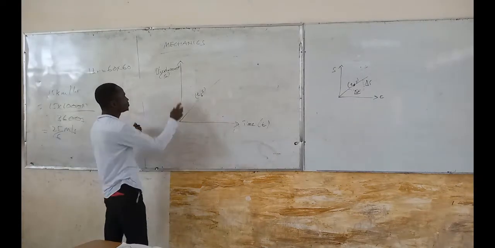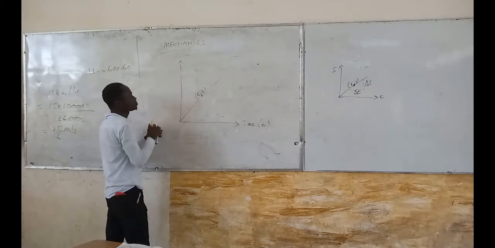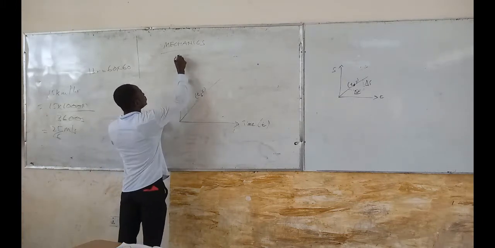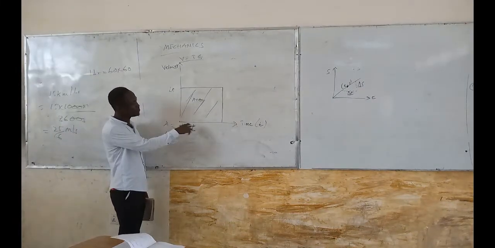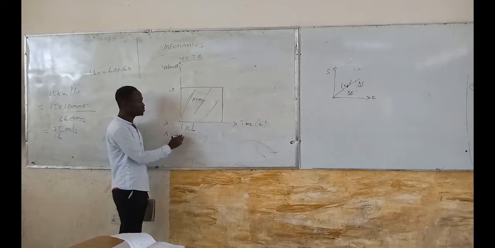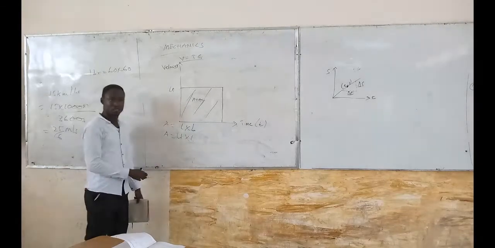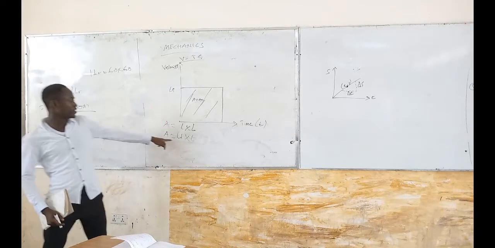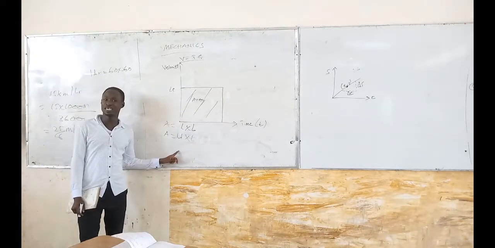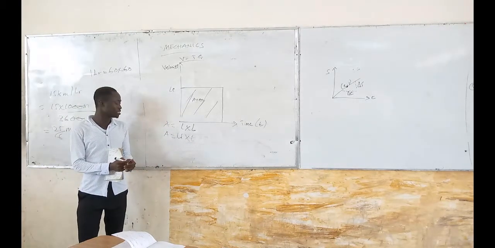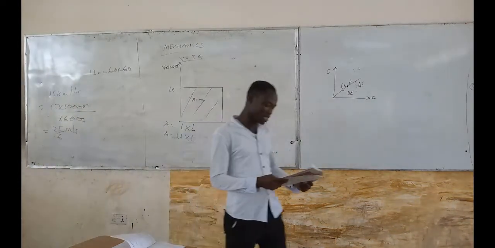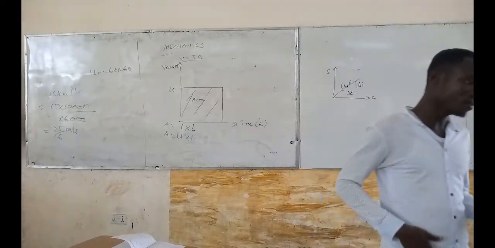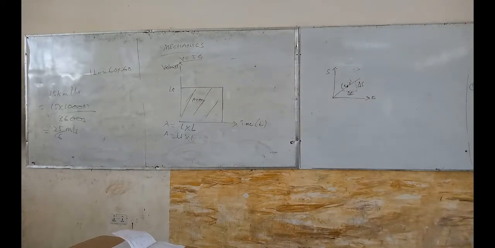So if this one is our velocity multiplied by time, what are we going to get? Displacement. So the area gives displacement. Draw it and let me give you the interpretation.